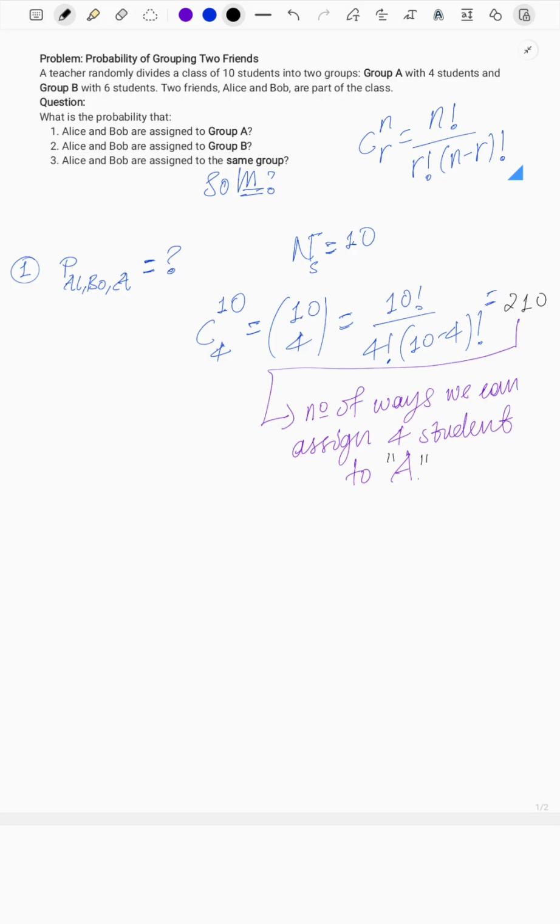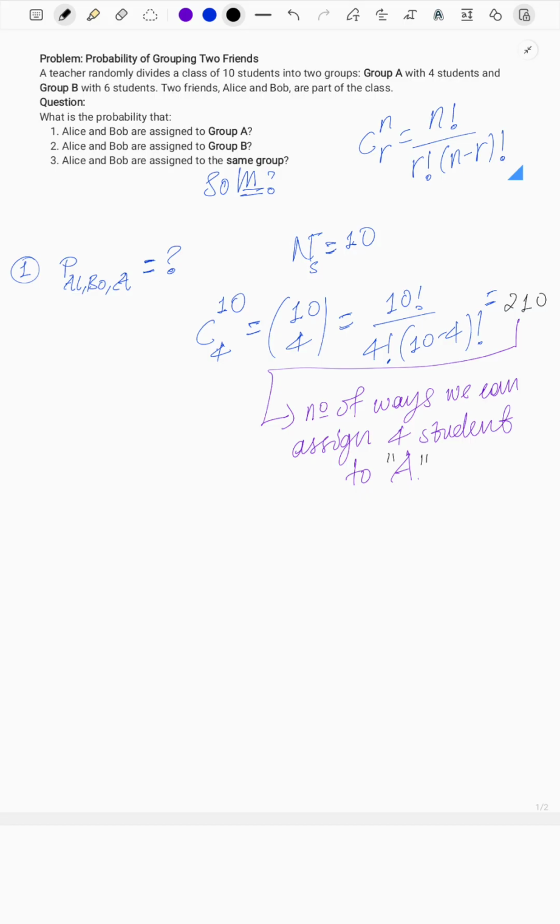But we are asked to find the probability that Alice and Bob, both of them, are to be present in this group. So in order to find the number of combinations where Alice and Bob are going to be present in some of these 210 total combinations in order to form Group A, we'll proceed with this assumption.